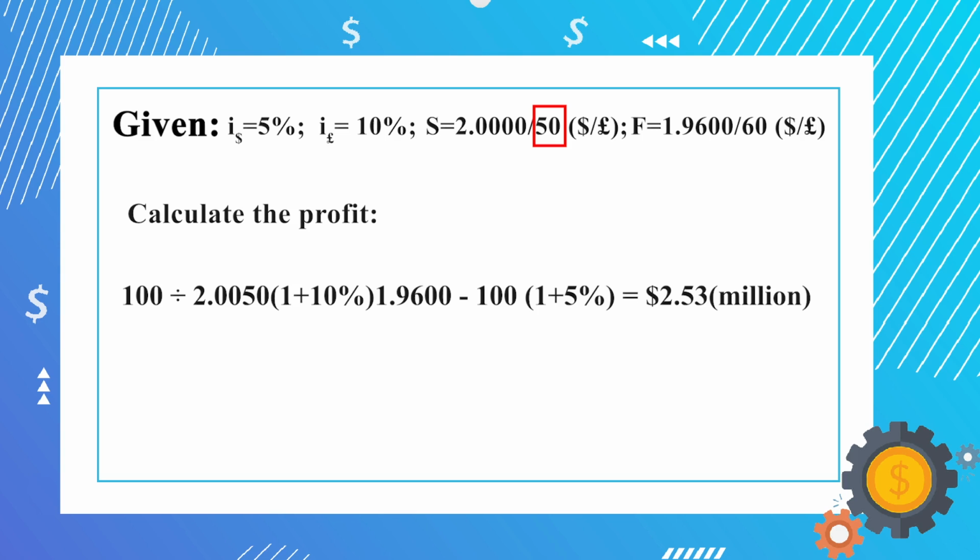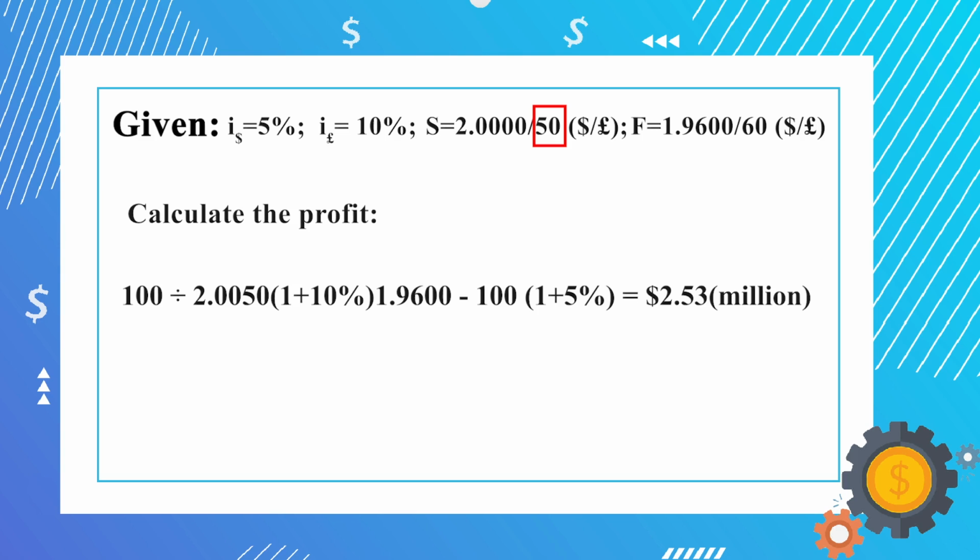Using $100 million divided by $2.0050 per pound, then invest the pound deposit for 1 year. So you multiply by 1 plus the pound interest rate 10%, that is 1.1.